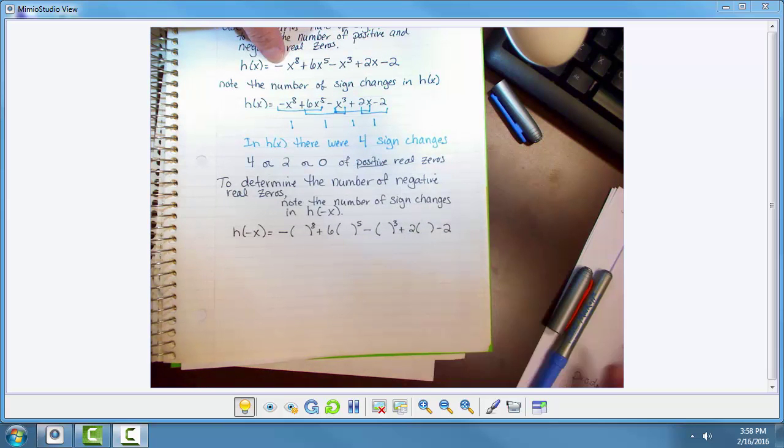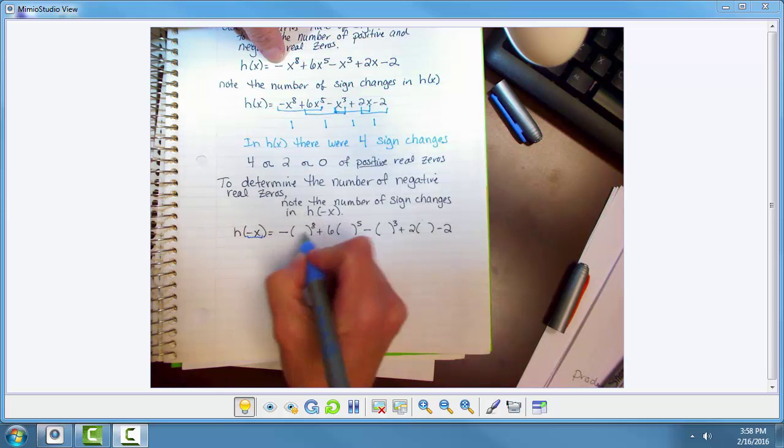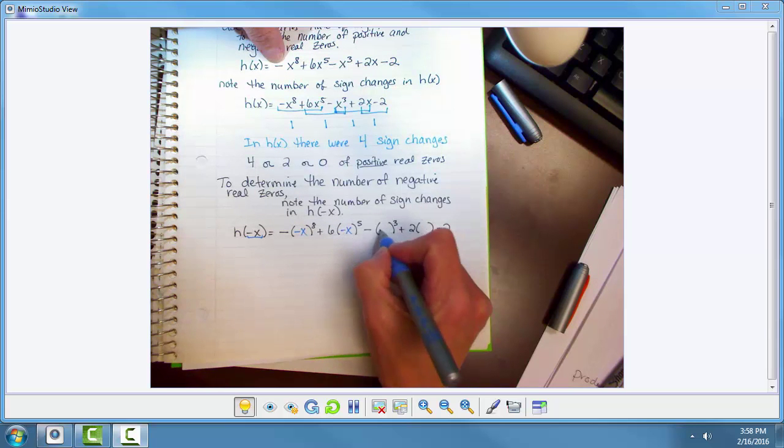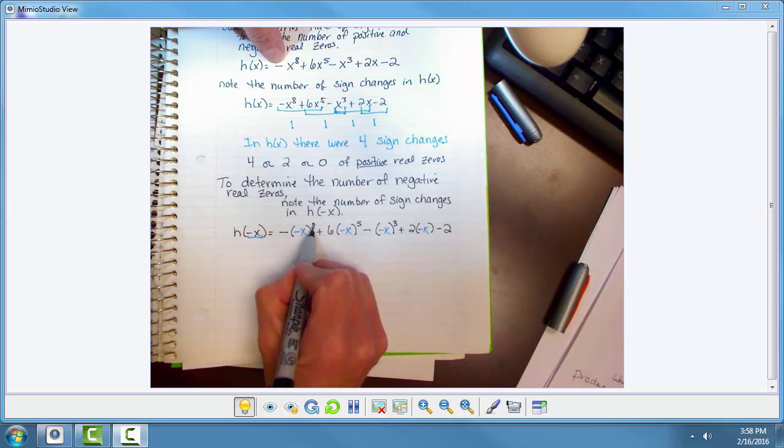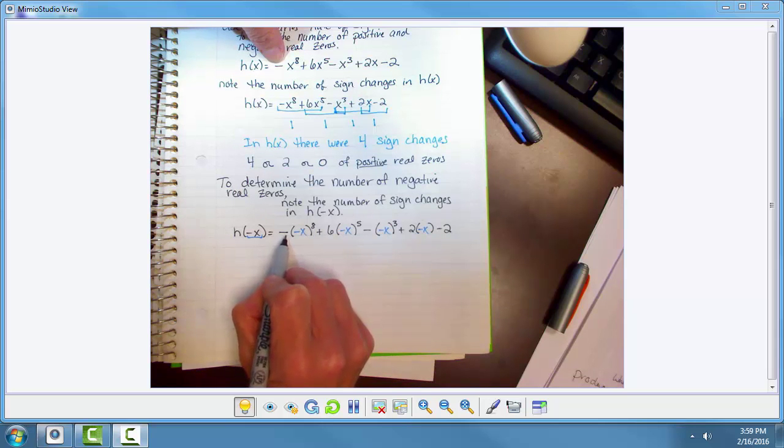So what I'm going to do is substitute in this negative x wherever I had an x and then clean it up. So when you raise a negative to an even power, it becomes positive. So this negative is just going to come on down.